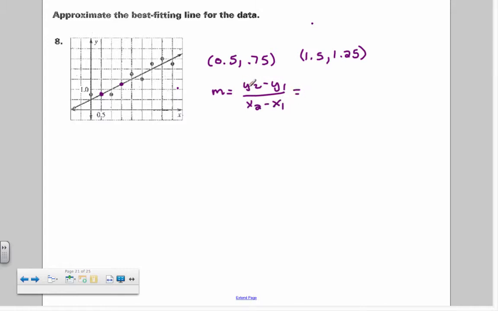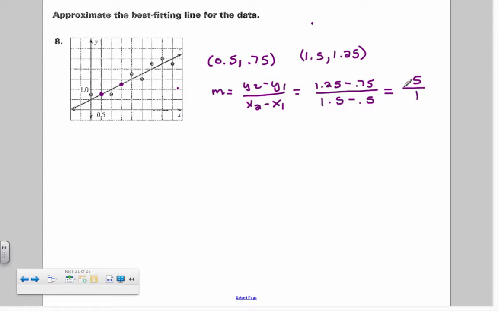And if I plug these values in, my y2 is 1.25, and my y1 is 0.75. My x2 is 1.5, and my x1 is 0.5. So let's do our subtraction here. I have 1.25 minus 0.75. That will leave me with 0.5. Okay, here I have 1.5 minus 0.5, and that just gives me 1.